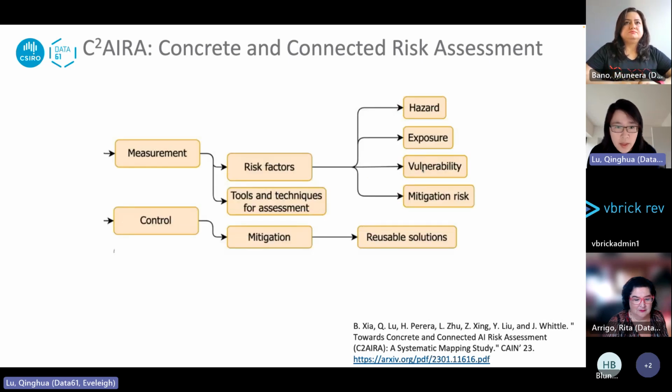What we mean by that is, for measuring risk, there can be different risk factors, not only hazard, but also exposure, vulnerability, and risk introduced by mitigation solutions. Also, instead of just relying on people's subjective view on the risk, we call for tools and techniques for doing assessment. And for the risk control, we need reusable solutions.